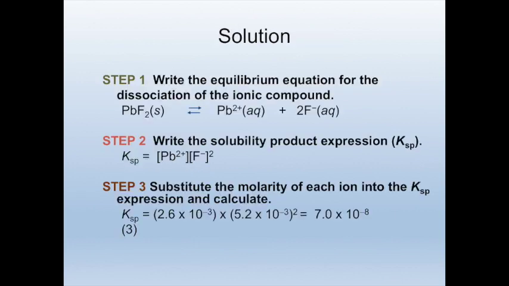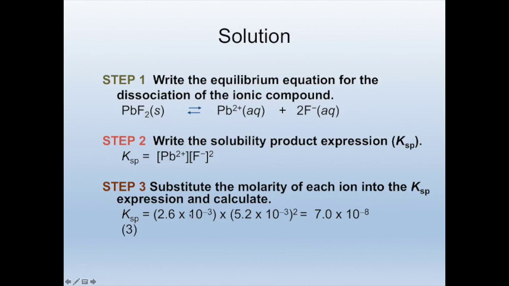So first, we write our equilibrium equation. Lead fluoride dissociates to lead 2 plus and 2 fluoride ions. So our solubility product expression is concentration of lead times the concentration of fluoride squared. And therefore, we are given the concentrations of both. Well, we know that the solubility is 2.6 times 10 to the minus 3 based on this.